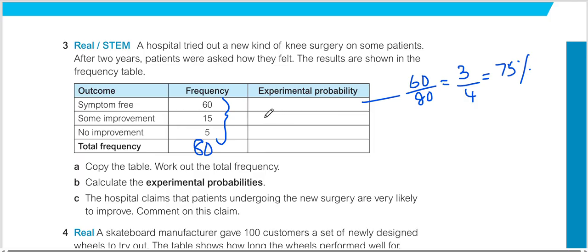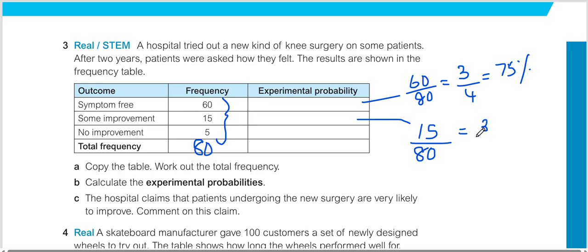What about people with some improvement? What was the experimental probability there? It's 15 upon 80. Right. Can you divide it further? Yes.